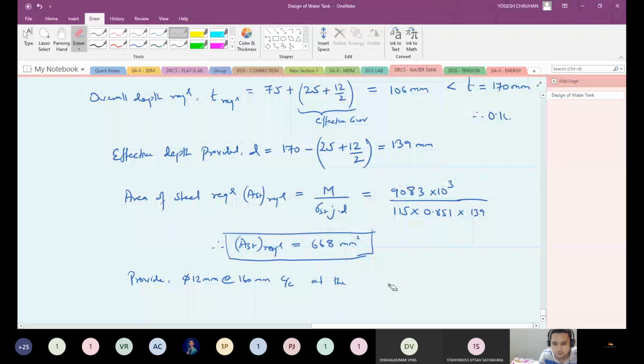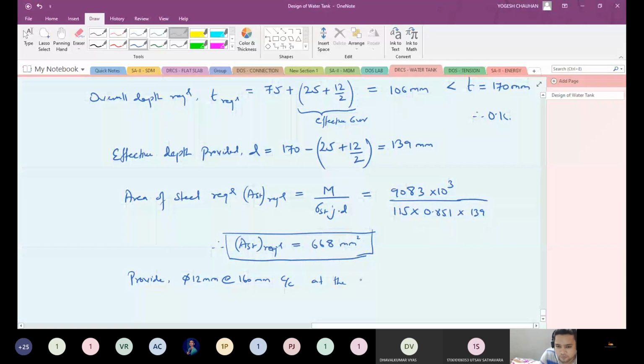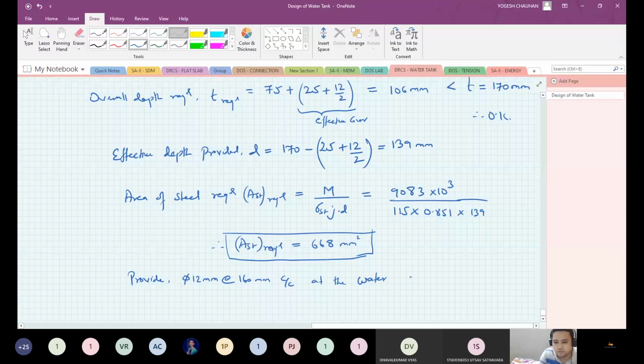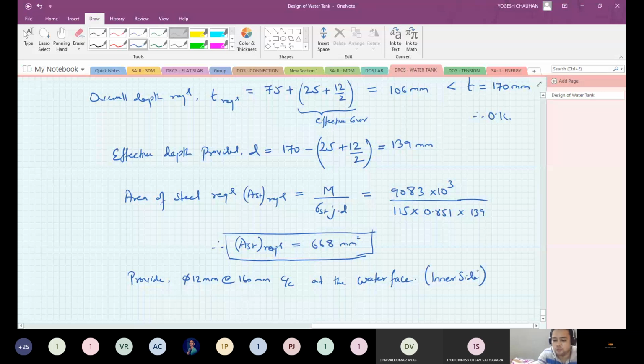Because we have considered the maximum negative moment, the steel for the negative moment will be provided on the water face. And what about the earth face, meaning outside? This is the inner side. What about the outer side?